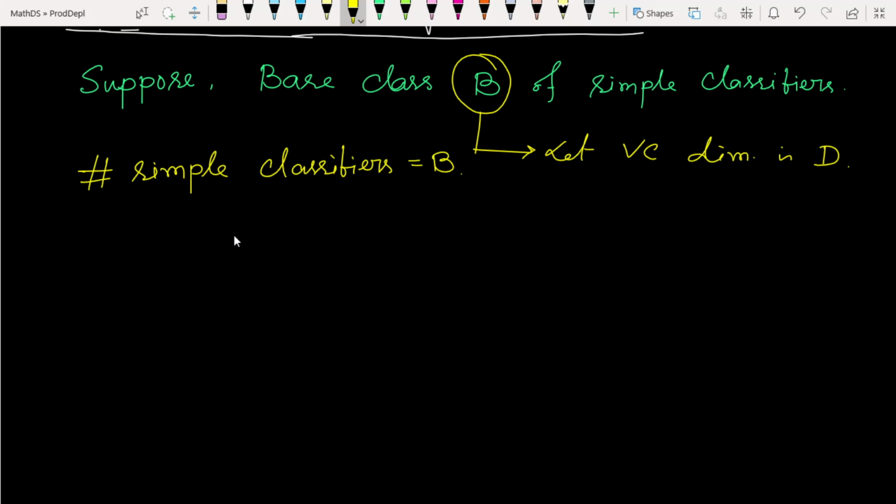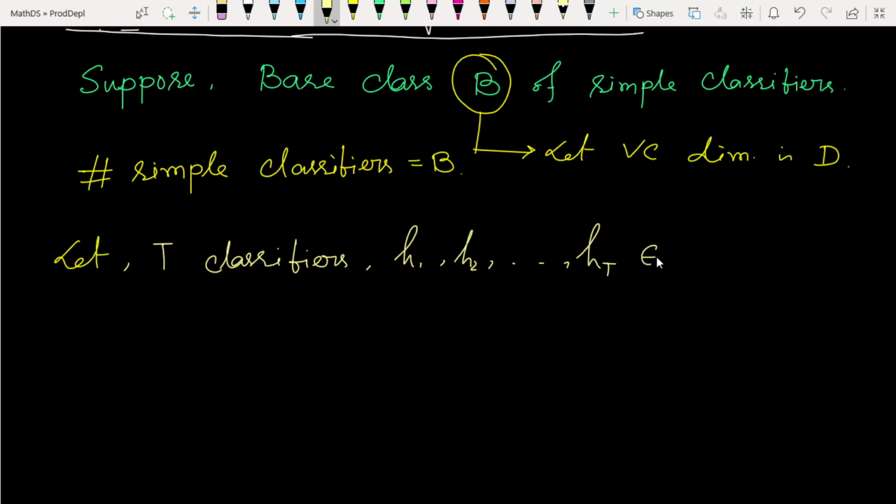So from these classifiers, let us choose T classifiers, like H1, H2, up to HT. They all belong to B. We have chosen such T classifiers from this set.